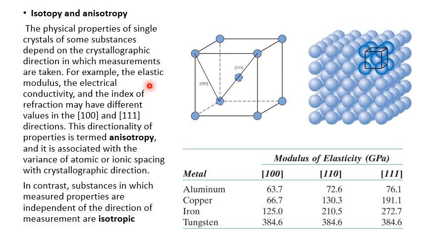So we've got two concepts in this slide: isotropic material and anisotropic material. An isotropic material exhibits the same mechanical and physical properties in all tested directions. So the direction of testing has no effect on the properties of the material.